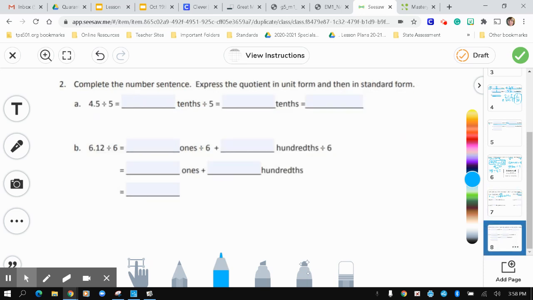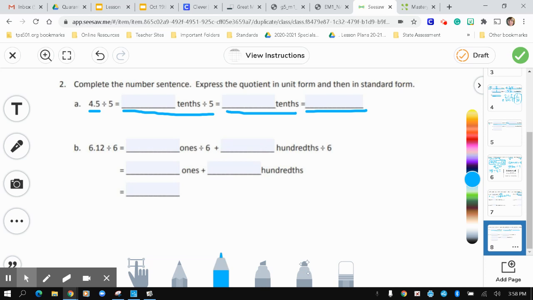And then when you go to question number 2, it's just like problem number 2 that we were doing. So they took 4 and 5 tenths and they smushed it together into the tenths place, and then they divided it by 5. Here you're going to have your answer in unit form, and here it should be in standard, or what we call decimal form.